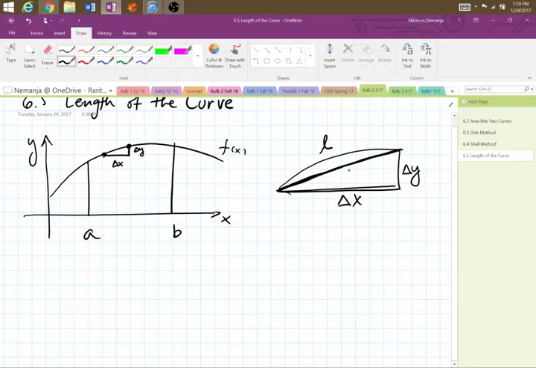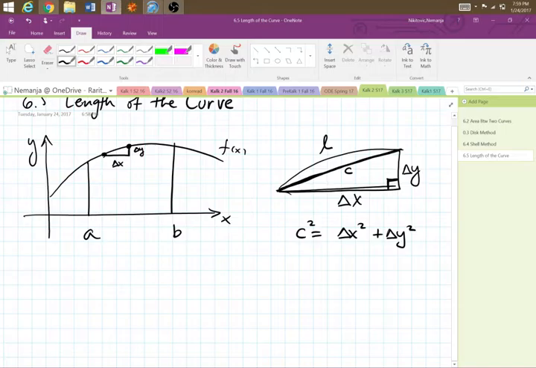So call that, I don't know, little c. So c squared is equal to delta x squared plus delta y squared, because those are the lengths of the triangle. You have the right angle in the corner.